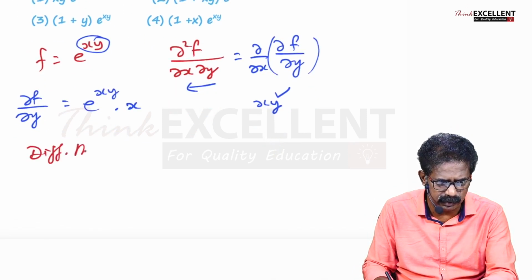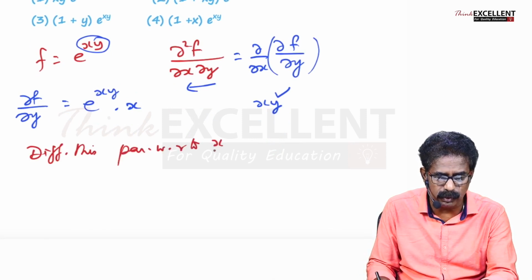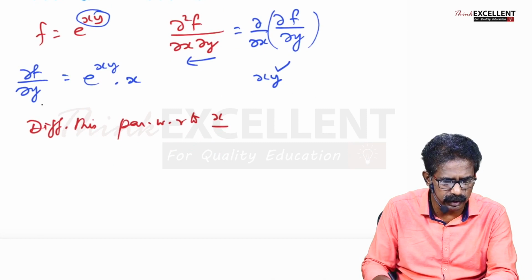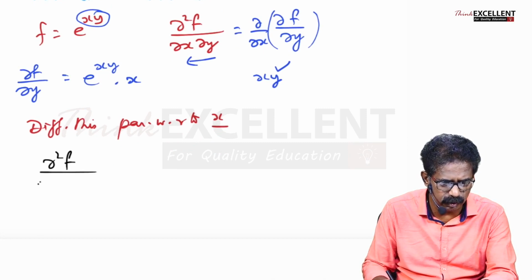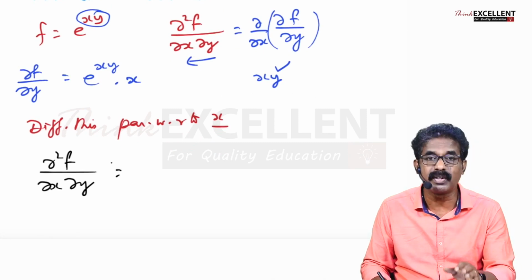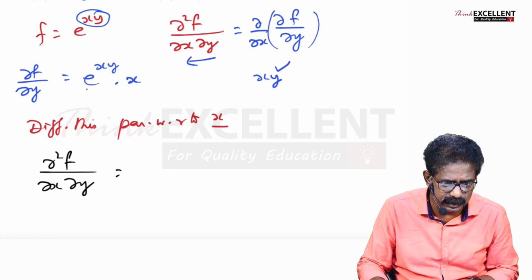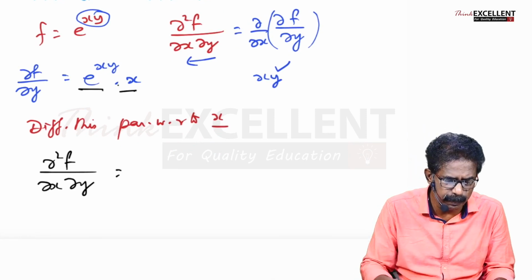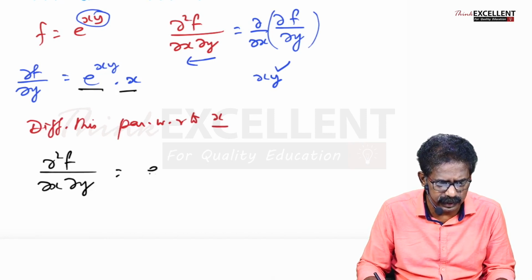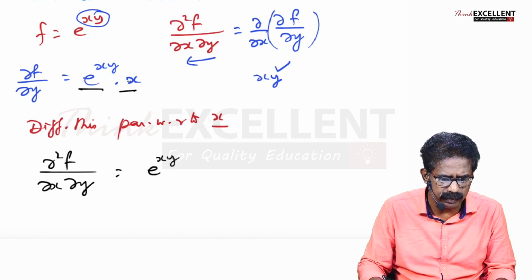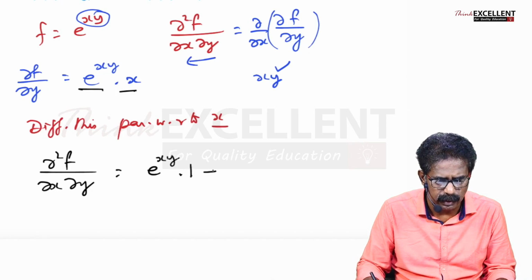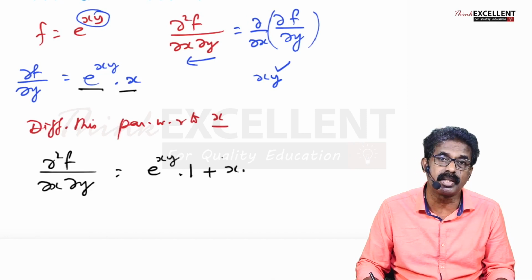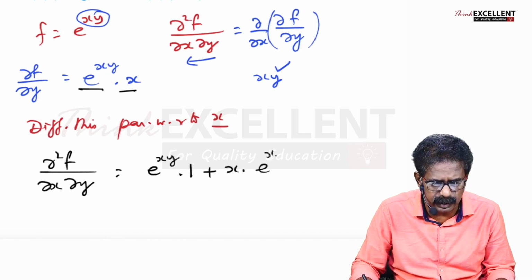Now this answer you differentiate partially with respect to x, and you will get dou square f by dou x dou y. X is in both the terms, so you have to apply the product rule. First into derivative of second: e raised to xy into the derivative of x, which is 1, plus second into derivative of first: x into e raised to xy into the derivative of xy with respect to x.